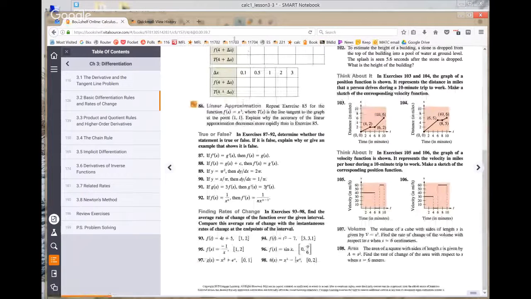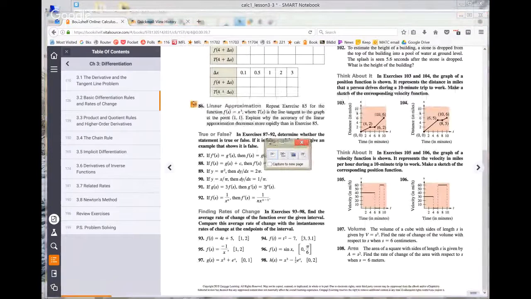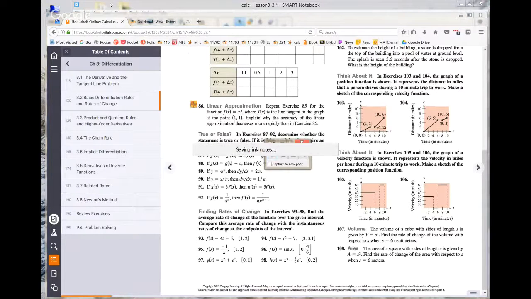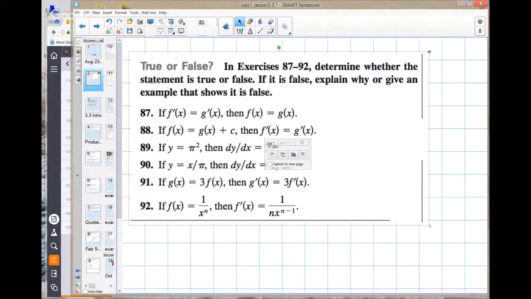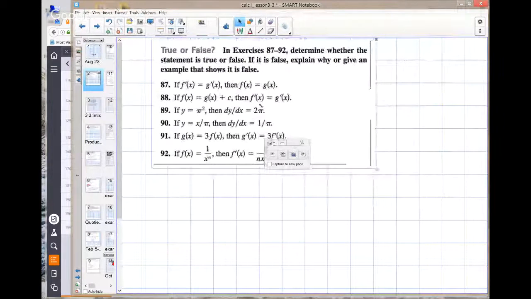Let me grab this. Okay, so 88. If y equals pi squared, then dy/dx equals 2 pi.